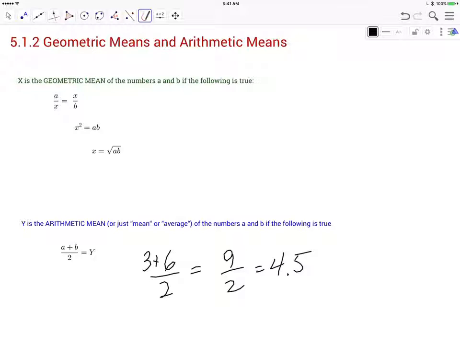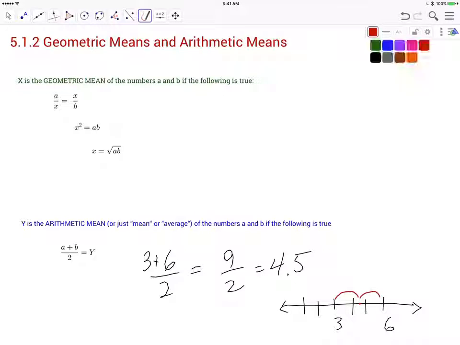Because 4.5 is right down the middle. If I think about a number line with a 3, 4, 5, 6, right in the middle is 4.5. This is exactly equal to this.